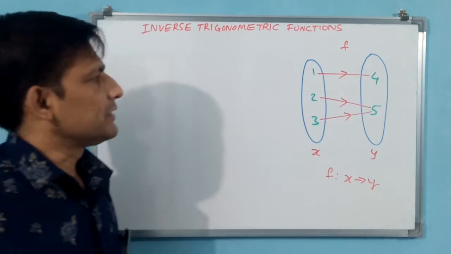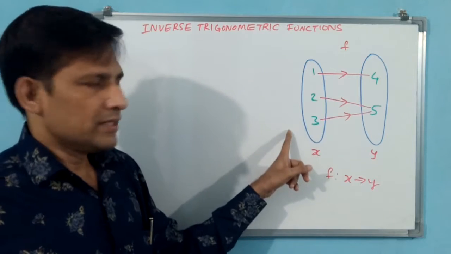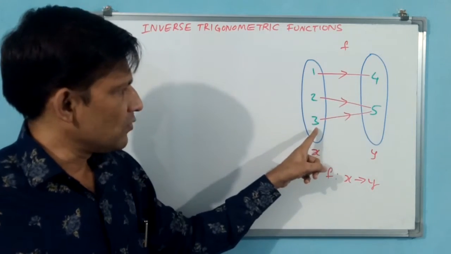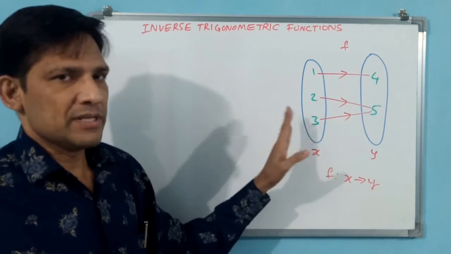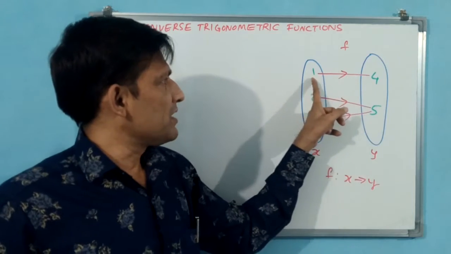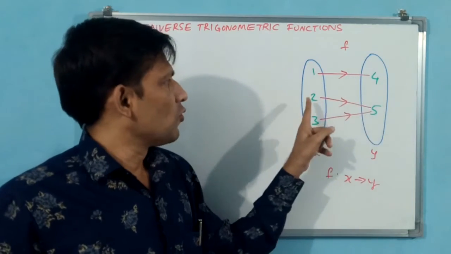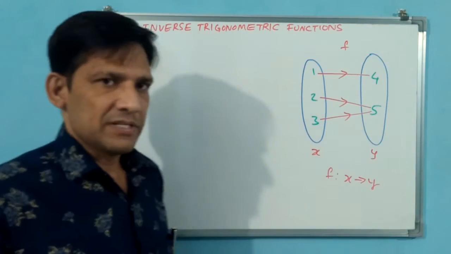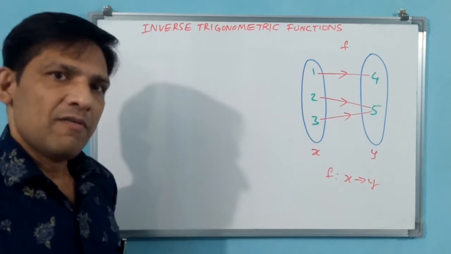Okay, let us understand. This is the domain. Each and every element has a relation. No element is left from the domain, and only one image. You see, 1 has 4 as image, 2 has 5 as image, 3 has 5 as image. Okay, this is called a function.